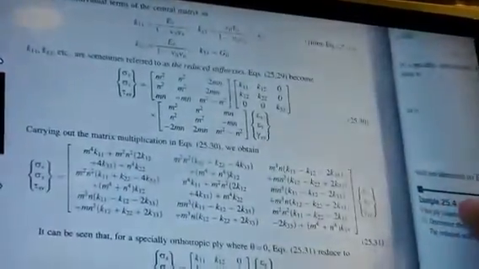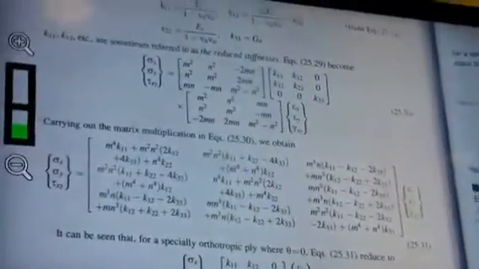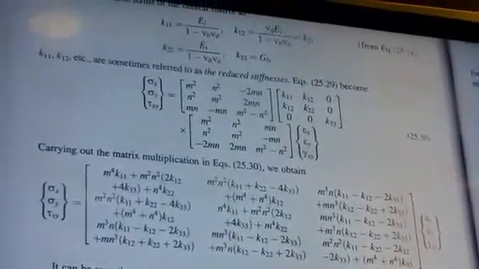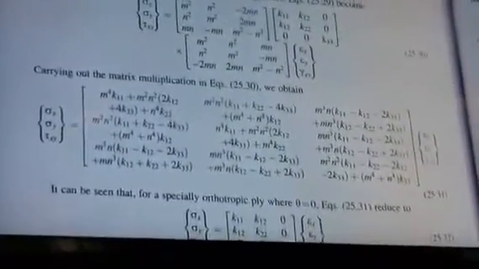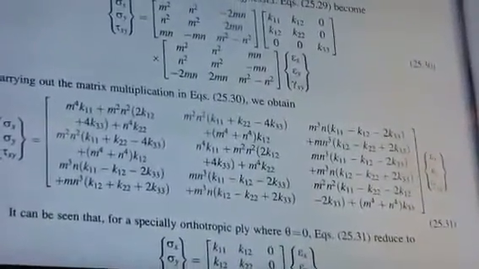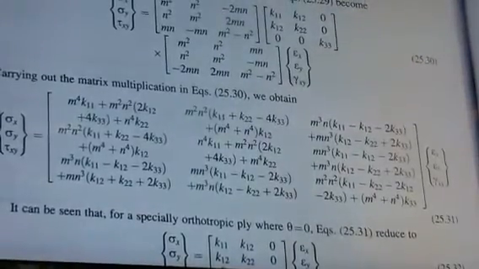You can see that in the textbook. Look at this, equation 24.31. On the left is the stress. On the right is the strain. It's a 3x3 matrix. You see some numbers, Q11, Q12.